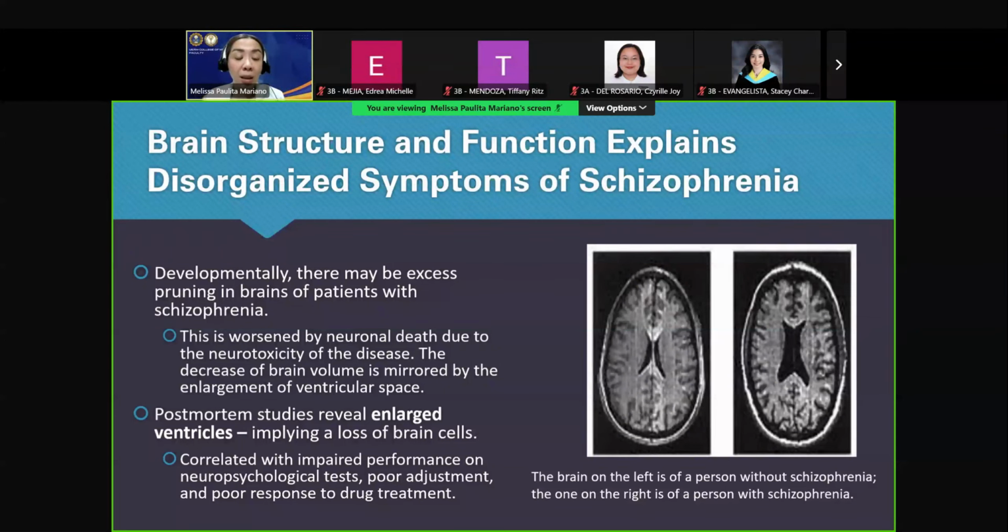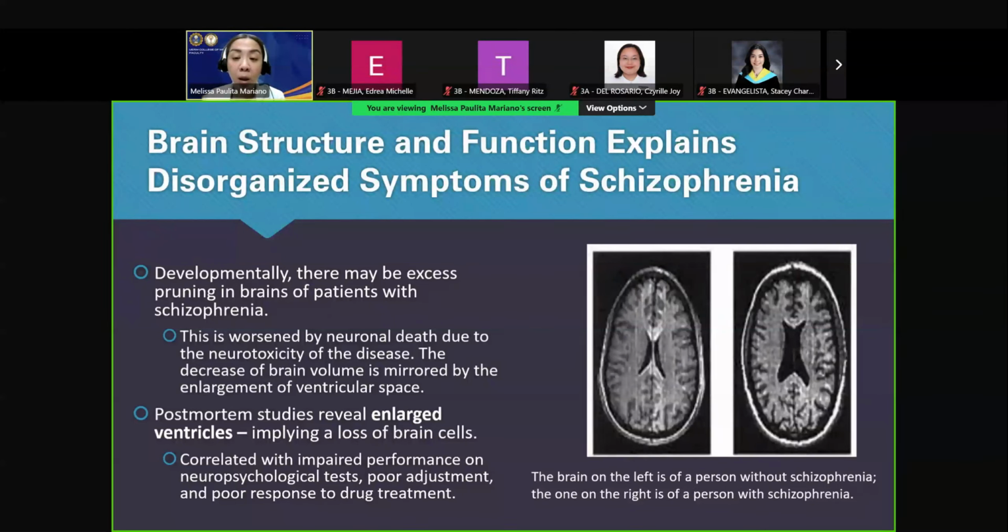In a person with schizophrenia, it's believed that the pruning occurs significantly more than what is necessary. And therefore, there are fewer synaptic connections to begin with. Now, this is worsened by the neuronal death caused by the neurotoxicity itself of the disease. And this is going to be demonstrated here with the brain imaging to the right-hand part of the slide.